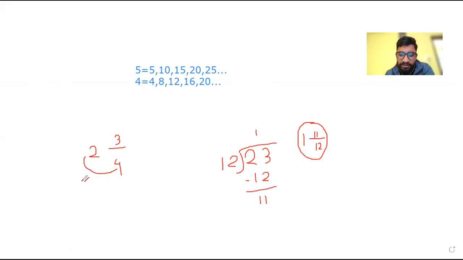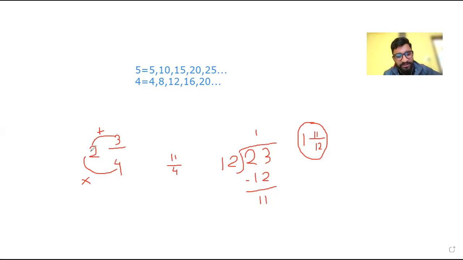We need to multiply the denominator and whole number, and add the numerator to this result. Like 4 2s are 8, 8 plus 3 is what? 11. So 11 by 4.